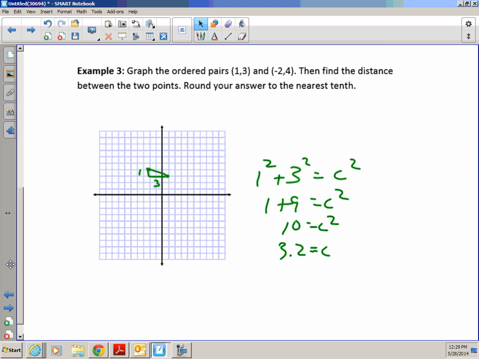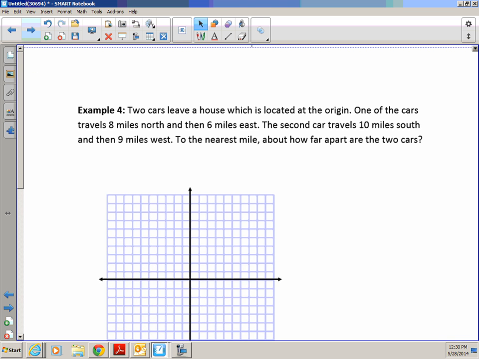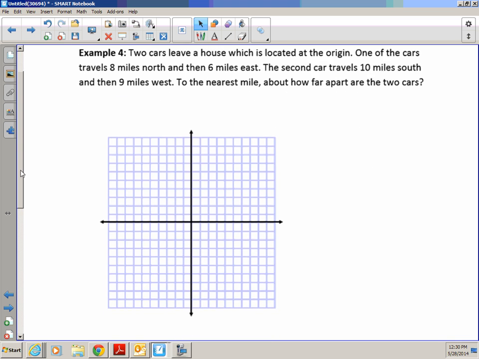Now, let's take a look at example number 4. 2 cars leave a house which is located at the origin. One of the cars travels 8 miles north, so that means it goes up 8. Then 6 miles east to the right, here.